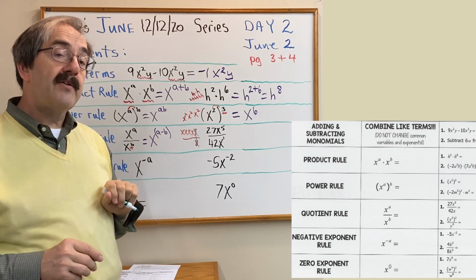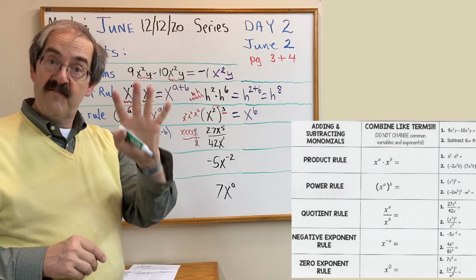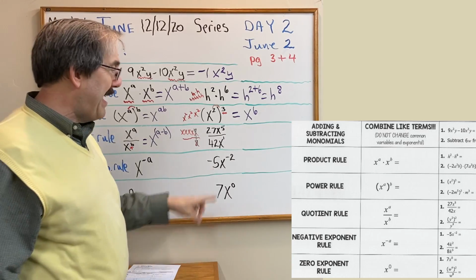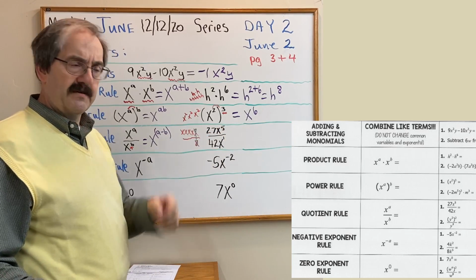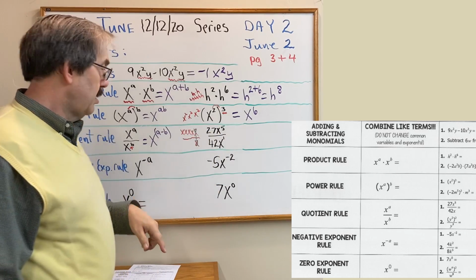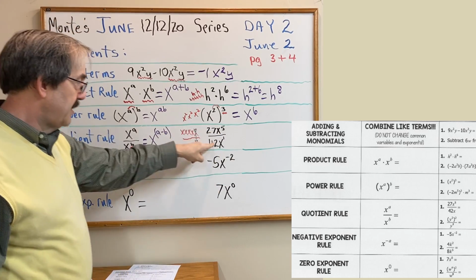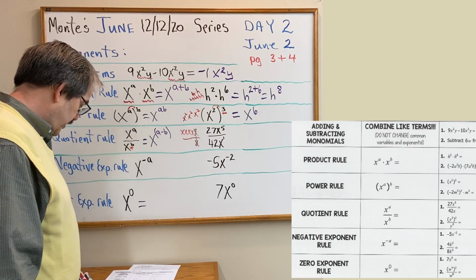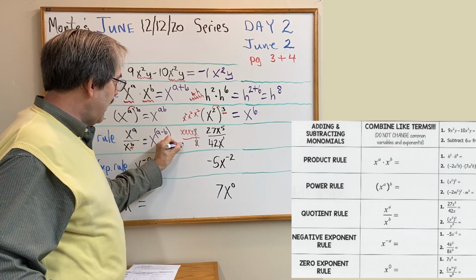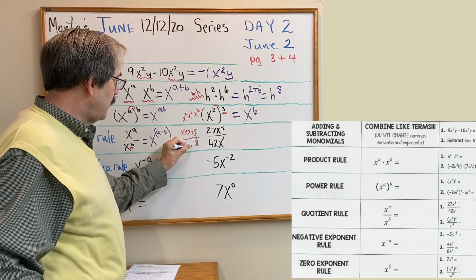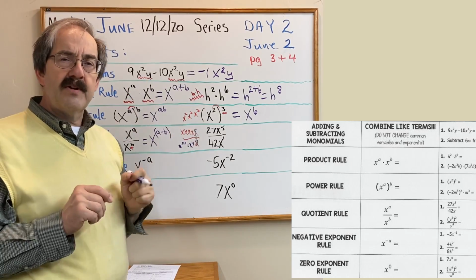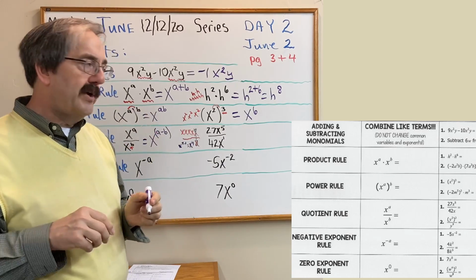How many are left? 4. So, if you remember back in class, I would say battle. 5 battles 1. Who wins? 5. By how many? 4. X to the 4. Formal math says, bring this upstairs. X to the 5 minus 1 equals x to the 4. You see how there's all these different ways of understanding, all these different ways of doing it?